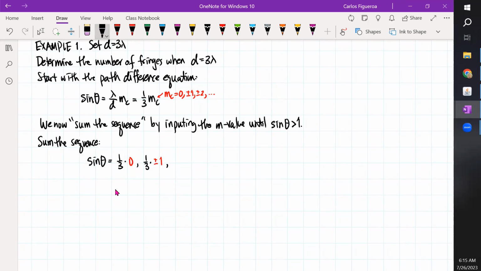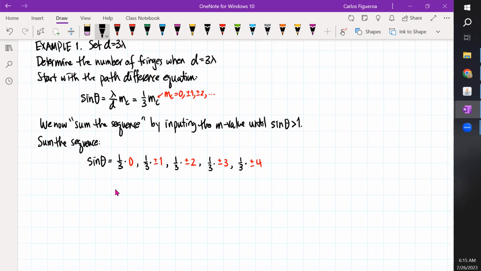And then if I keep going, I'm going to get 1/3 times plus or minus 2. That's 2/3. And then I'm going to get 1/3 times plus or minus 3. Now, note that's 1 right there. But to look at the sequence, this is 1/3 times plus or minus 4. You could see that now that violates.